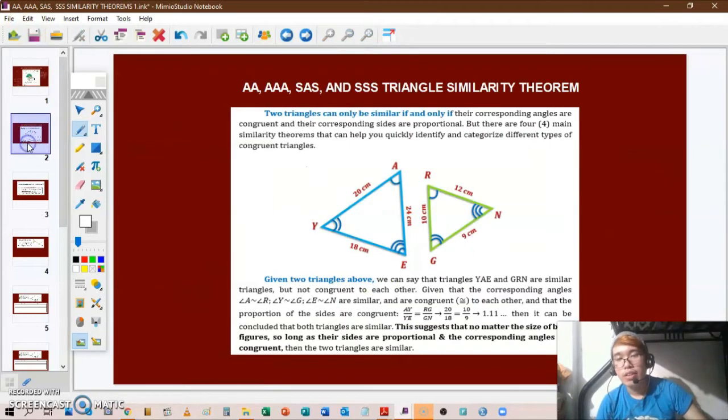So for the first figures that we had, those were congruent triangles. But for this one, we're going to be discussing similar triangles.